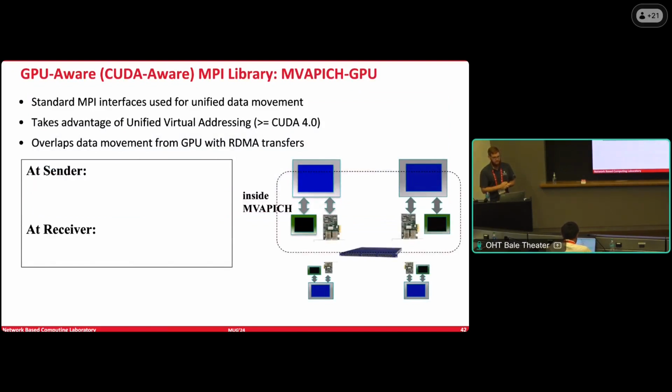So this gives us the ability to allow the MPI library to transparently handle GPU buffers in the same way it would handle CPU buffers, with no input from the user. Rather than the user having to perform some kind of CUDA memcopy to move the GPU buffer onto the host, then send it via MPI, and then copy it back to a GPU, we can take care of that completely without user input in the MVAPICH library.